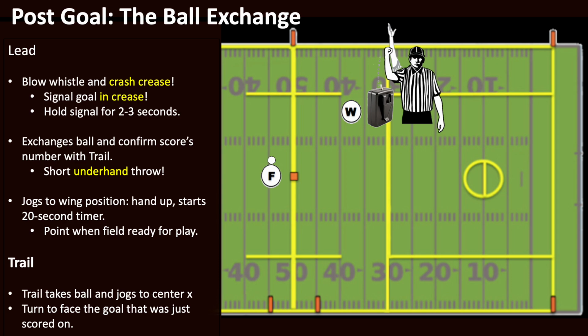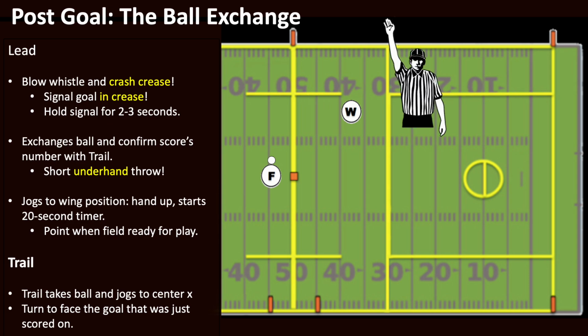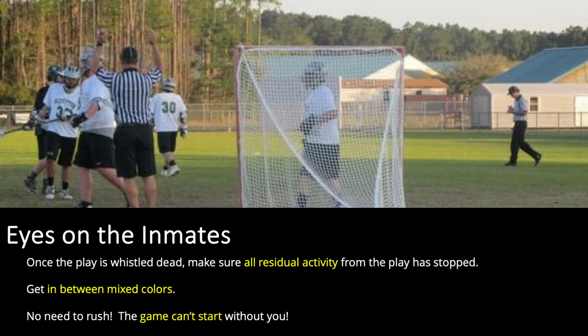It is at that point, after you have signaled timer on, that we have time to jot down who scored. And remember, I am a big fan of the fact that the lead should really never know who scored, and the trail should never know whether it was a goal or not. So that hand gets up, and when we're ready, we will point, and we will then conduct the face-off.